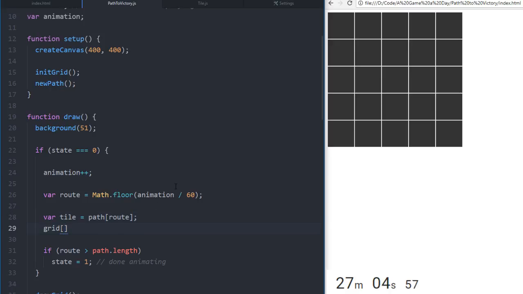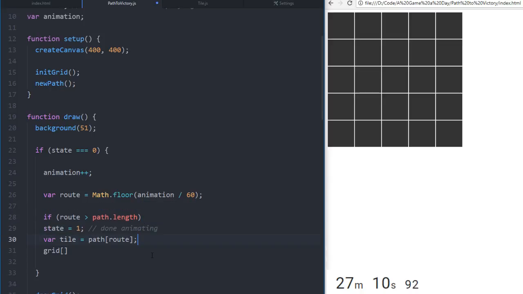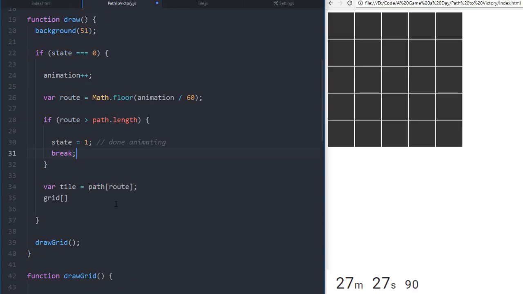So now we say, really we need to do this. We need to go up here with it. So if this happens, then we move this here and we break. Or I guess we can just, we do need to return, but I'd like to just kind of break out of this if statement.